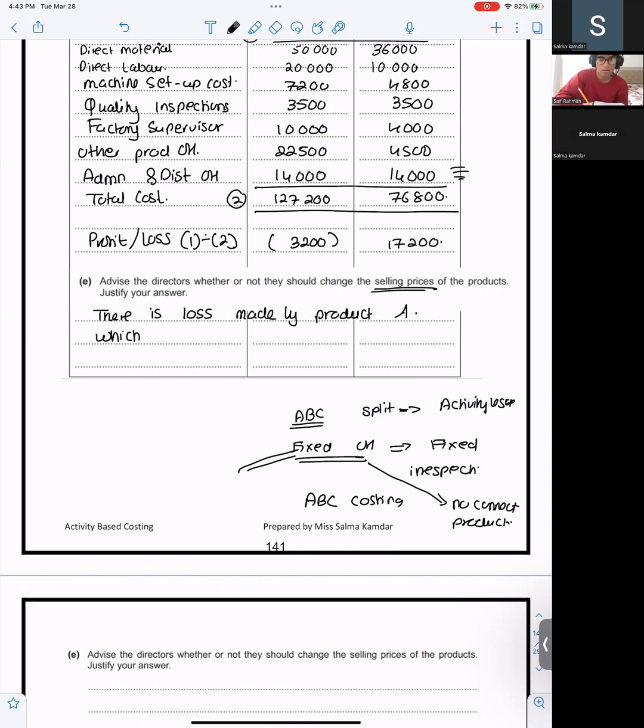If they increase the selling price, then you will not make a loss. Sales minus cost is equal to profit. If sales is 10, cost is 12, so you have a loss of 2. If I increase the selling price, I will start making profit, right? Why don't they lose sales? That we will write in the other point. Which indicates that selling price should be increased.